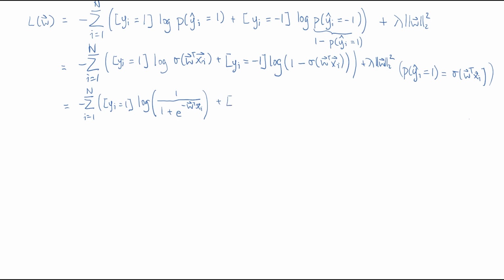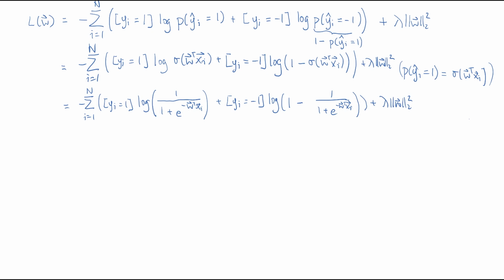Plus indicator that yi equals -1 of log of 1 minus this thing. So 1 minus the sigmoid. Okay, so one more close bracket for the summation, and then plus our regularization term.